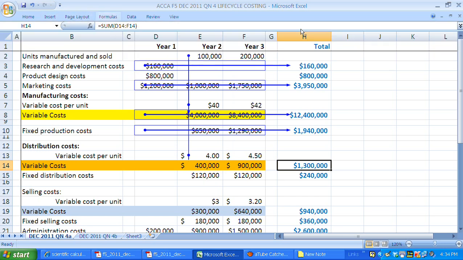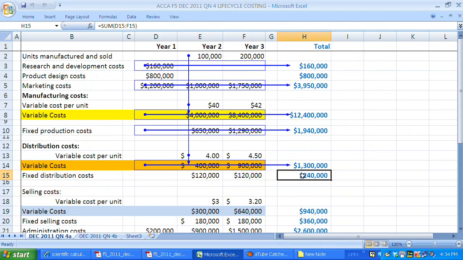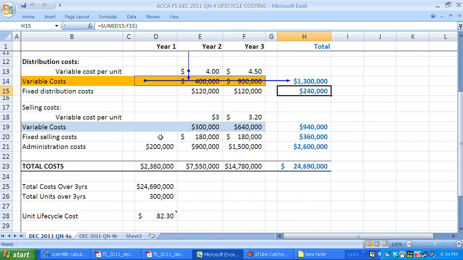So when I add all the figures here, I end up with 1.3. Distribution costs are right here. So here we're doing nothing really. These are free marks. Distribution costs, we feed them into the formula, and we get 2.4.